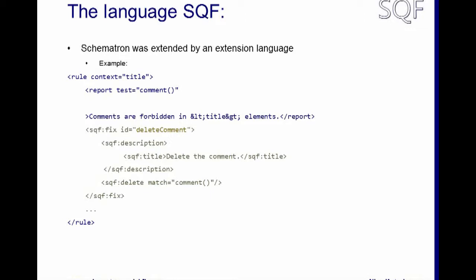So, and the last step is not to forget, we need an association between the report and the fix, and that's another extension attribute, SQF fix, and you can list several IDs here separated by space, so you can make more fixes available.